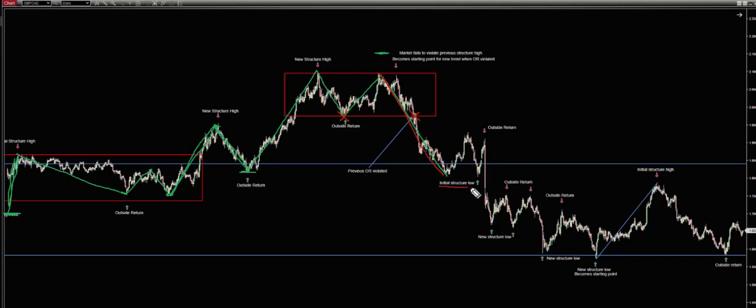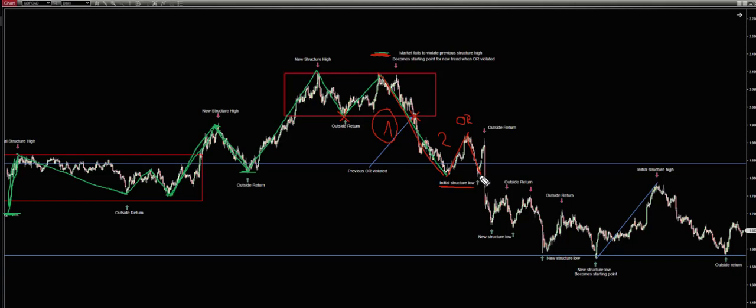Then it becomes the initial structure low, which is correct. This becomes our initial structure point here. This becomes our first point move. Then we have our first outside return. This is the outside return. Then we have our initial structure low.